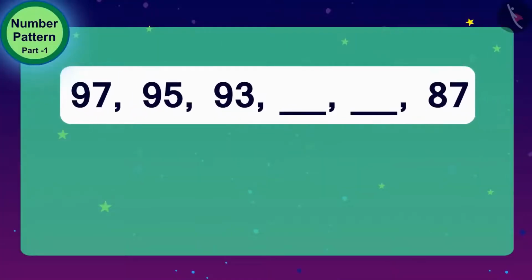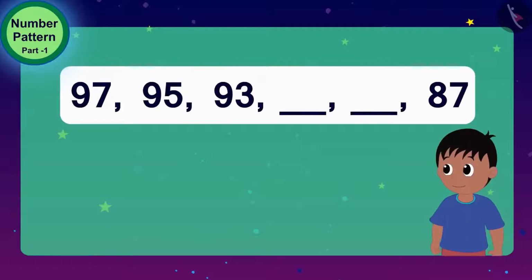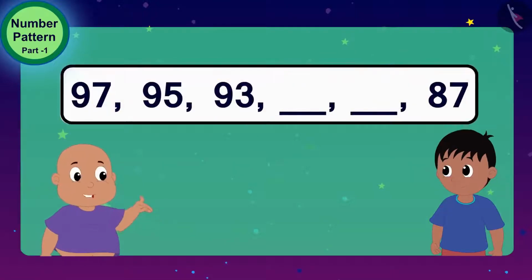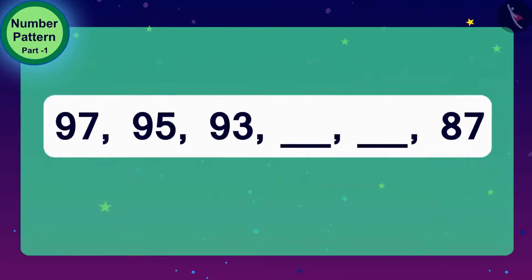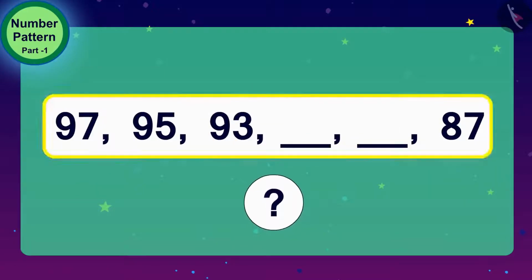The alien now showed his second puzzle to Raju and Bablu. Raju, this puzzle looks harder than the first puzzle. Yes, Bablu, let's find a solution together. Children, please also think what is the rule of this number pattern.